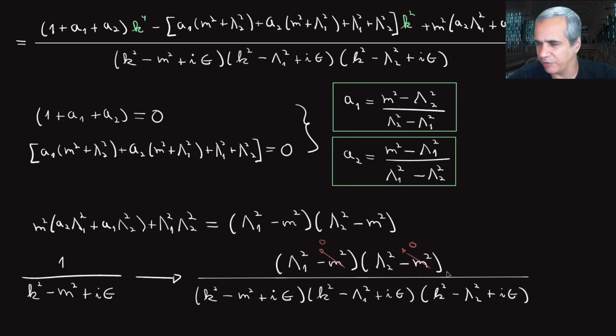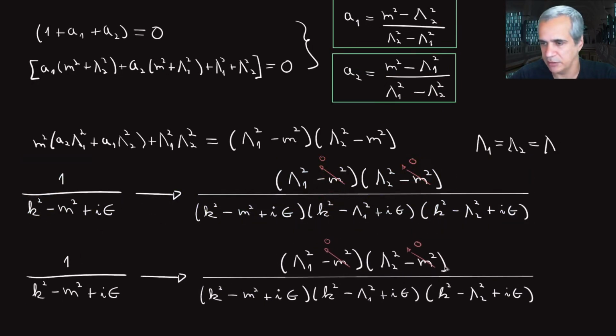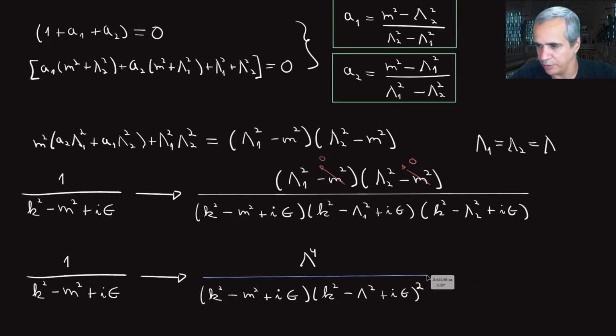So I can simplify this and take lambda 1 equal to lambda 2 equal to some lambda. We'll just call this lambda, which simplifies my expression a lot. This one is just lambda to the fourth from these two terms. And here, when I remove this label, I have the same thing twice, so this is just this denominator squared.